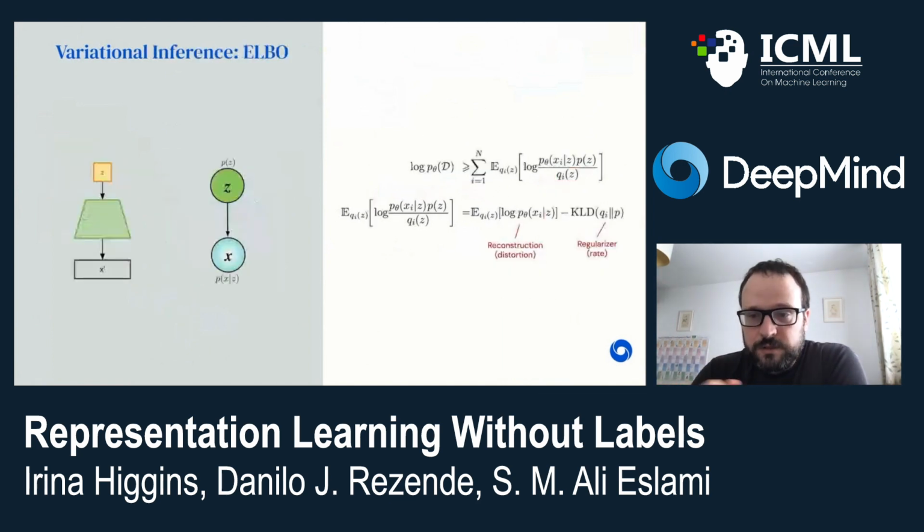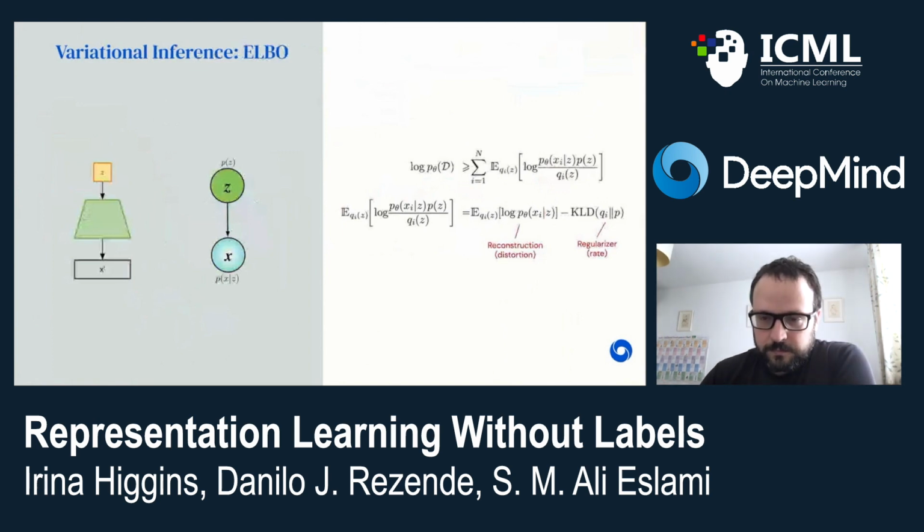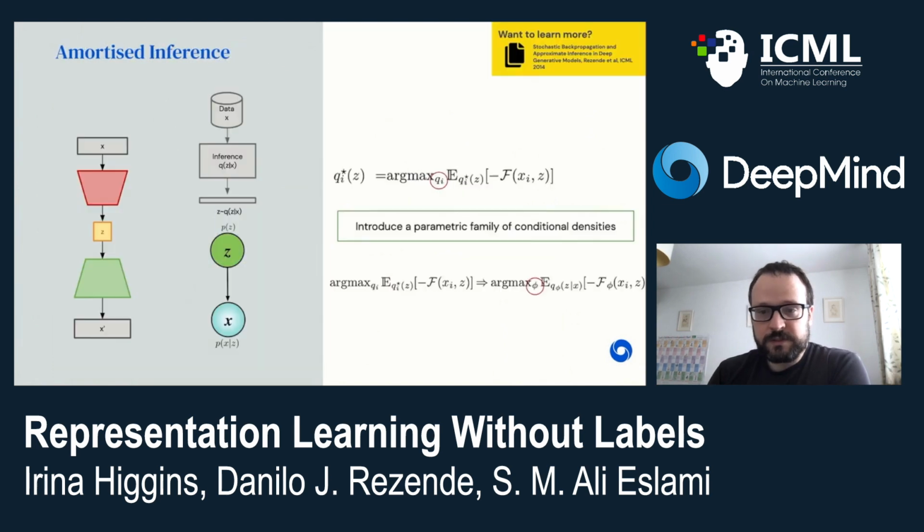This variational bound can be understood in terms of two terms that have a very clean interpretation. The first term is what we call the reconstruction term, or in information theory, the distortion term, and the other is a KL divergence term between the approximate posterior, or encoder, and the prior of the model, which is a form of regularization or a rate term in information theory. So now we have a tractable objective function for this model, which is called the ELBO, evidence lower bound.